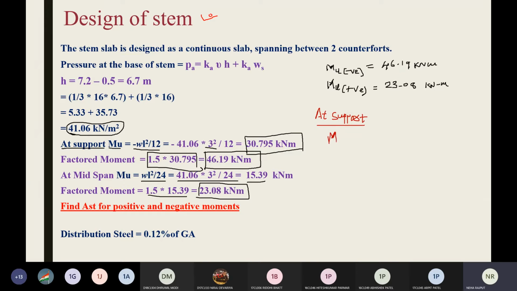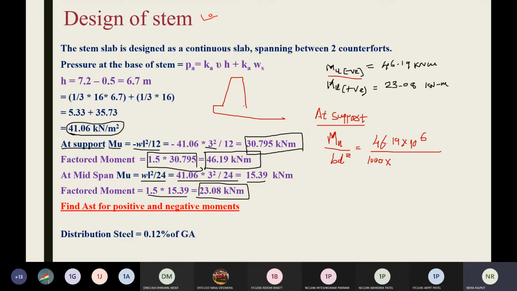Very first what you are going to do is you are finding Mu upon bd square. Right, Mu obviously you need to take at support negative moment. So 46.19 into 10 raised to 6 divided by b is 1000 into small d. Now what is this small d? Small d is the thickness of the stem part.